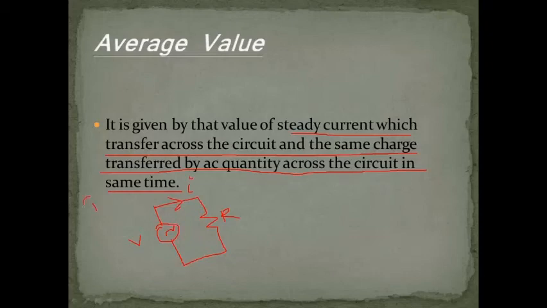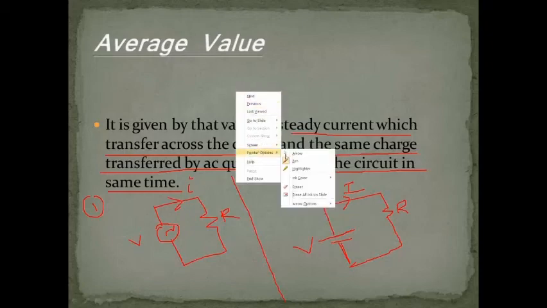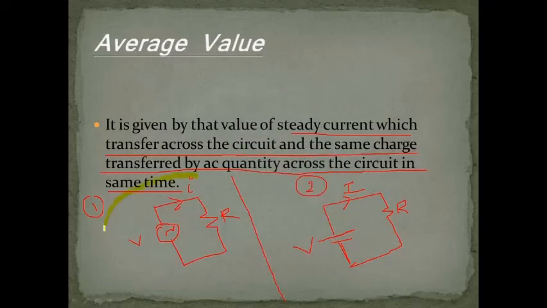This is case 1. In case 2, I am considering a DC source with the same amount of resistance, with the voltage V. This is capital I. In case 1 and case 2, the charge transferred in this case and in this case is the same in the same time.